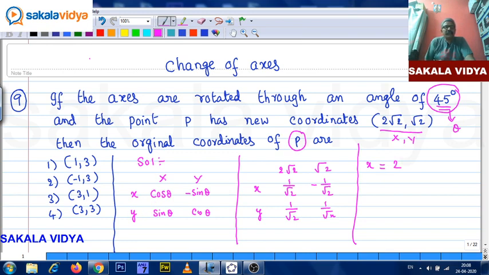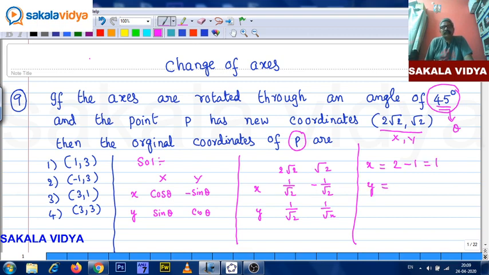Next, small x is equal to capital X cos theta minus capital Y sin theta. So here minus root 2 into 1 by root 2, that will be minus 1. So you get x equals 1.